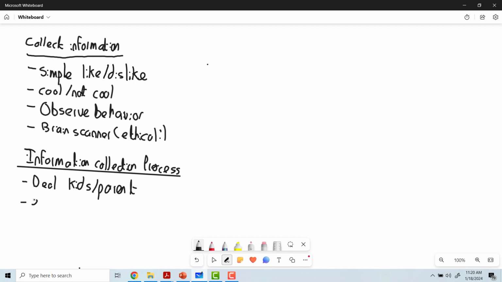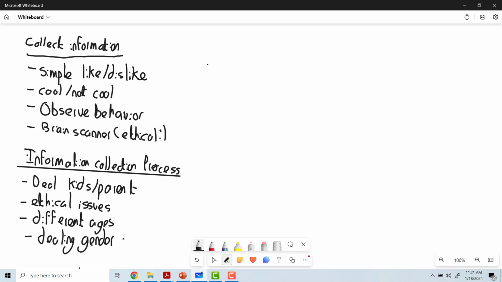Again, ethical issues. We don't want news stories saying my kid was forced into slave labor at Walmart trying toys for a 12-hour shift or something like this. Things like worrying about different ages and what's appropriate for different ages, dealing with gender, ethnicity, and safety as well.